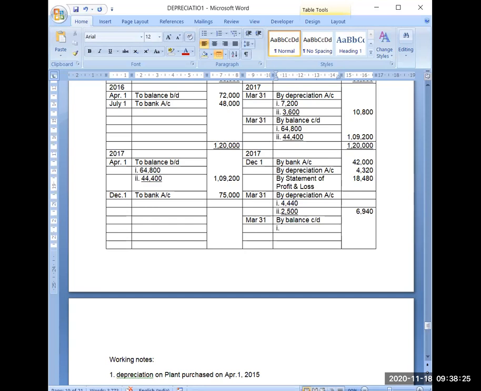So 44,400 minus 4,000, or we can deduct 4,400, it will become 40,000 and then minus 40, 39,960. So the first plant balance will be 39,960. Then the second is 75,000 minus 2,500. So it will be 72,500.